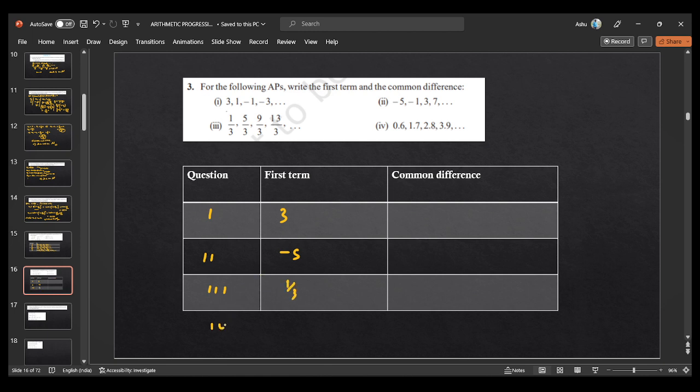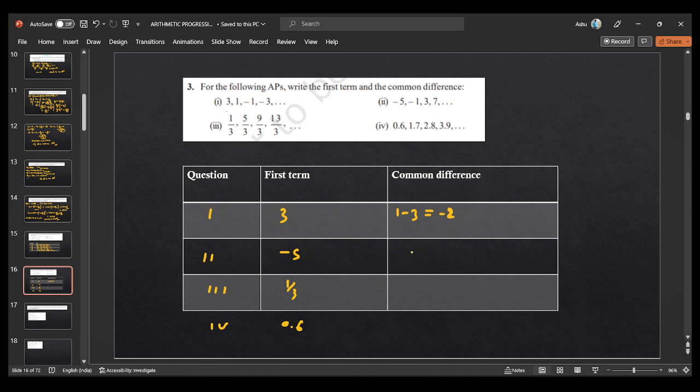And in the fourth question, first term is 0.6. Now their common difference: 1 minus 3 will be minus 2. Clear?